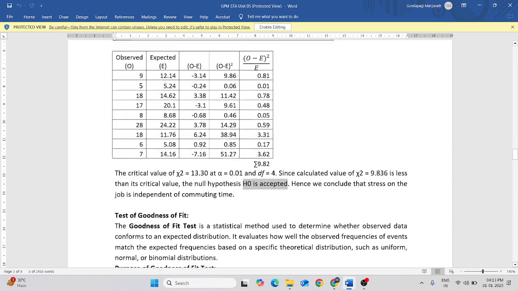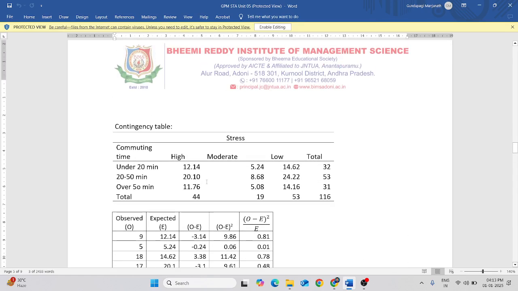So this is a chi-square test. This can be done for a 2 by 2 table, 3 by 3, 4 by 4.